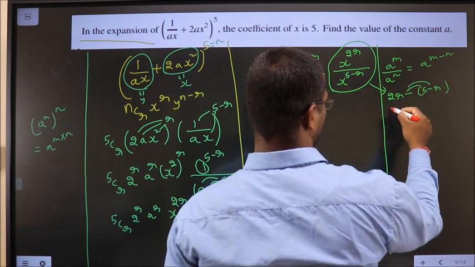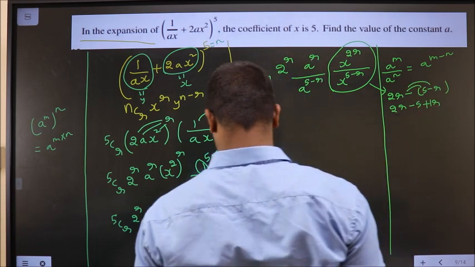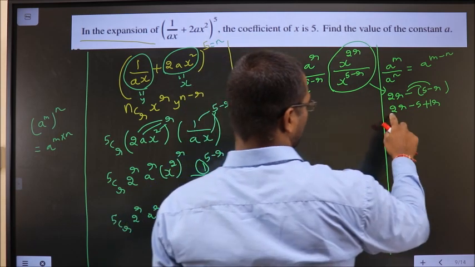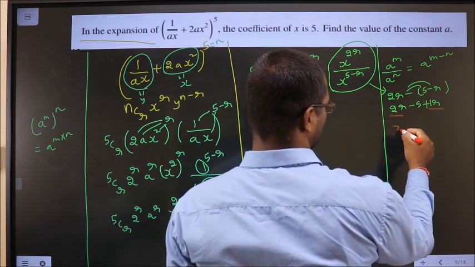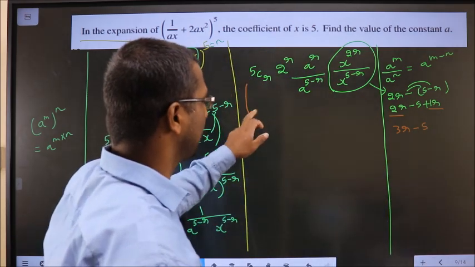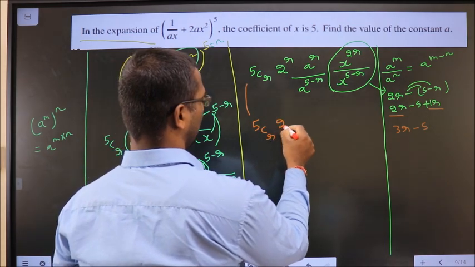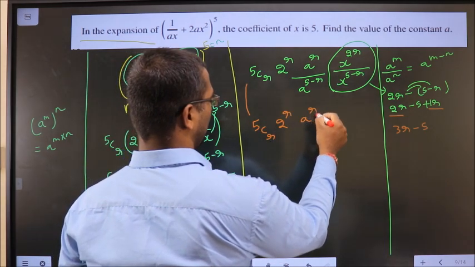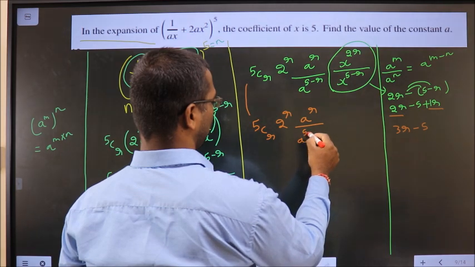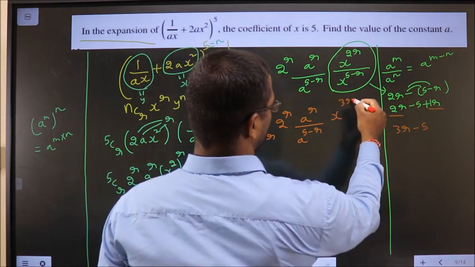Multiply with minus, so 2r minus 5 plus r. These are like terms, so that will be 3r minus 5. Now this changes to 5Cr 2^r a^r by a^(5−r), x^(3r−5).